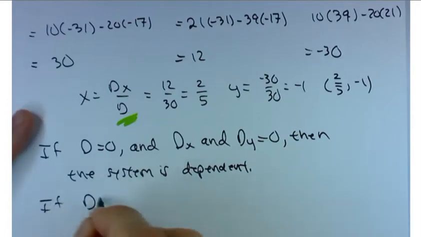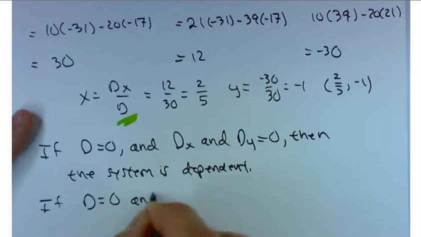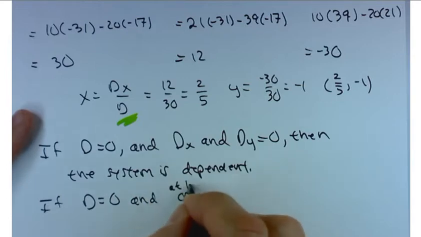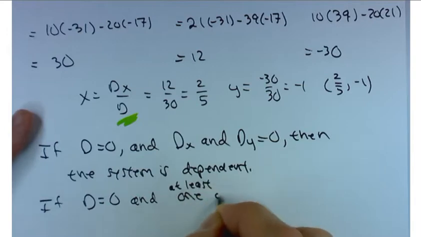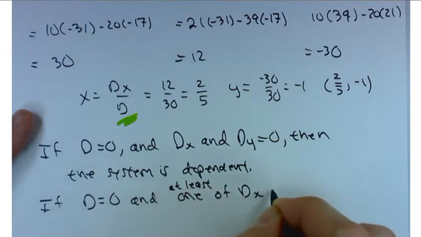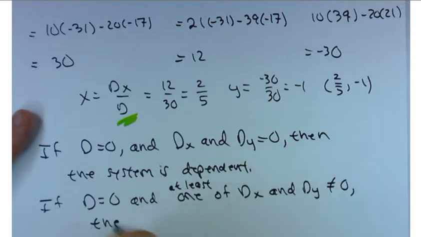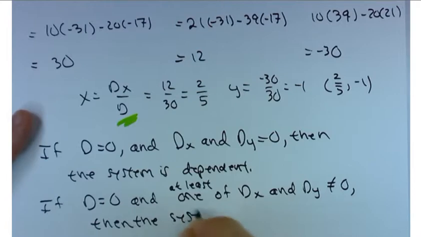If d equals 0 and at least one of dx and dy is different than 0, then the system is inconsistent. No solution.